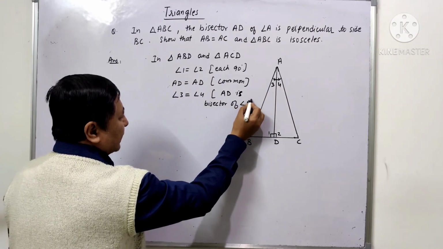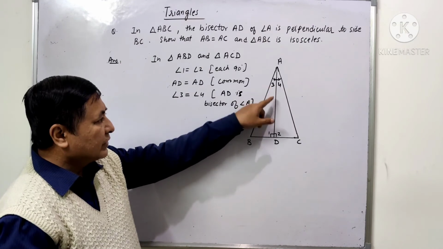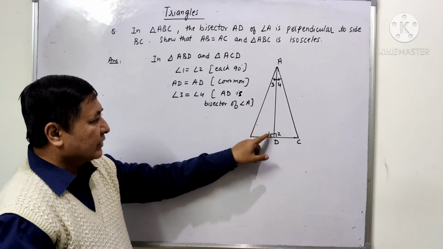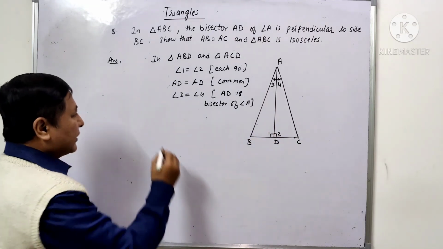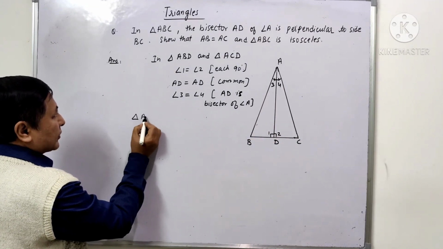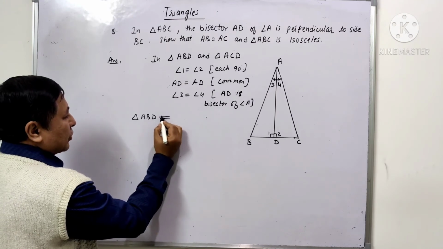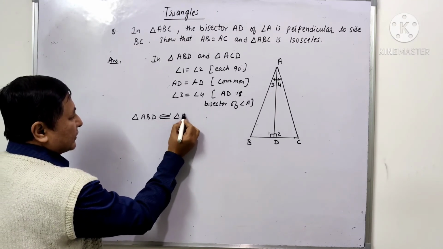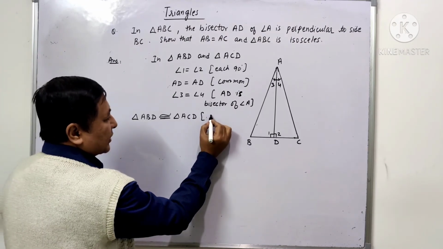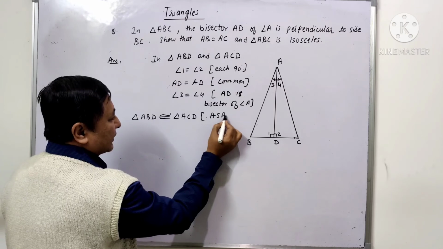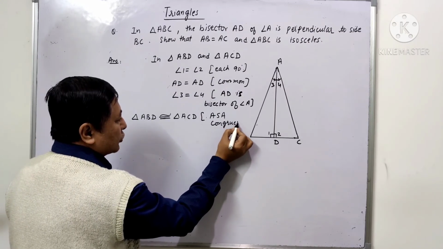So now these two triangles are congruent by the rule angle, then we have side and then angle. Here also angle, side and angle. So triangle ABD is congruent to triangle ACD by the rule that is known as angle side angle congruence rule.